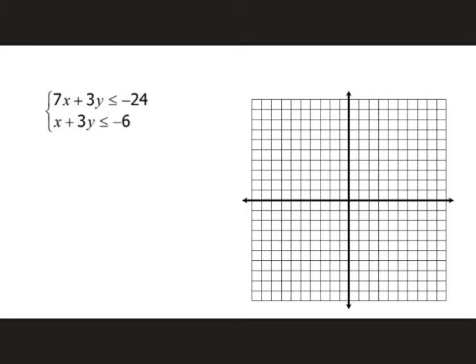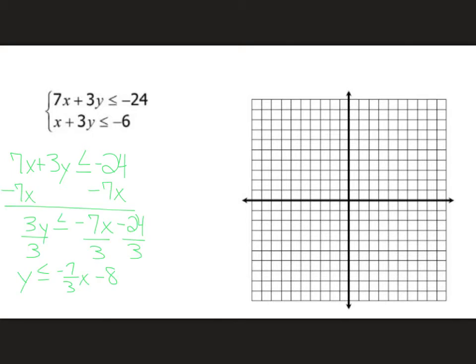For our next example, notice that both of these are in standard form. So take the 7x plus 3y is less than or equal to negative 4 and convert that to slope-intercept form. I got y is less than or equal to negative 7/3 x minus 8.